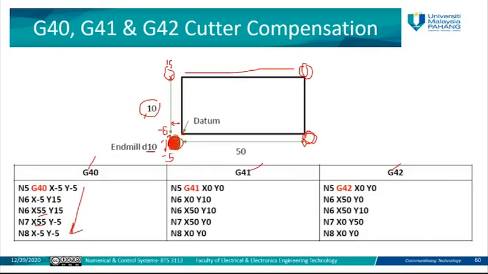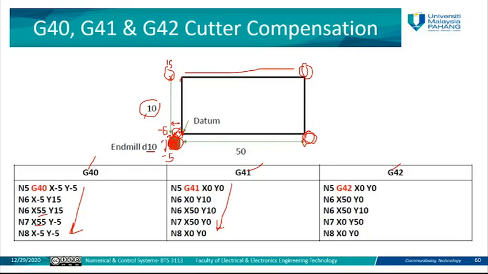So if we compensate the diameter of this cutter, which is 5, it starts from 0, 0, because we do not count the diameter of the cutter. The diameter of the cutter is already compensated, so we start from 0, 0, go to here, which is 10 and 0, go to there, which is 50 and 10, then go to there, which is 50 and 0, and return back to 0 and 0. So this is in the case of the left cutter compensator.